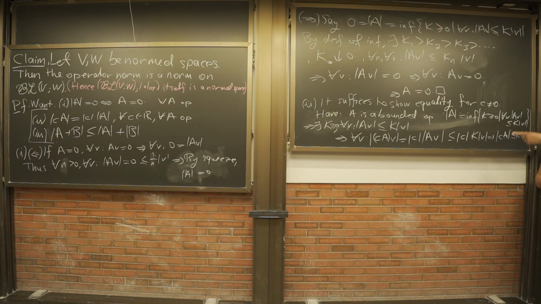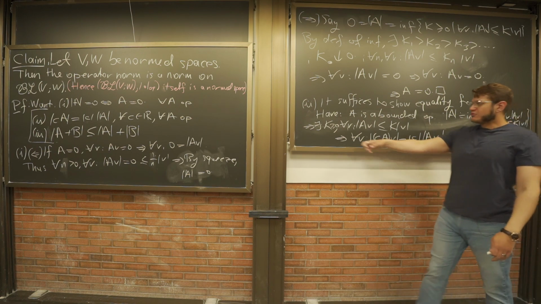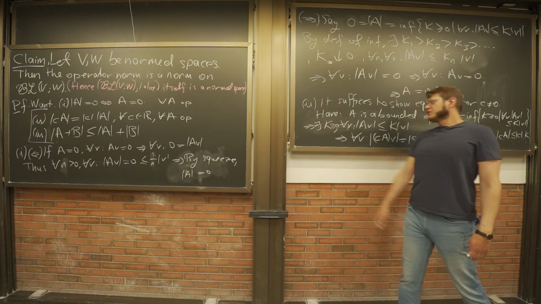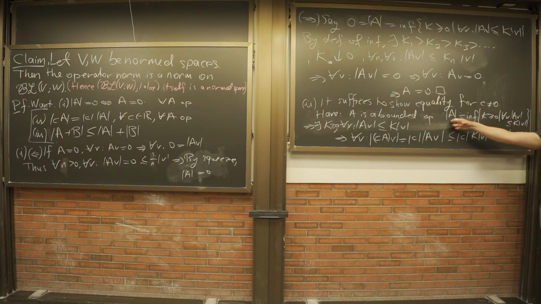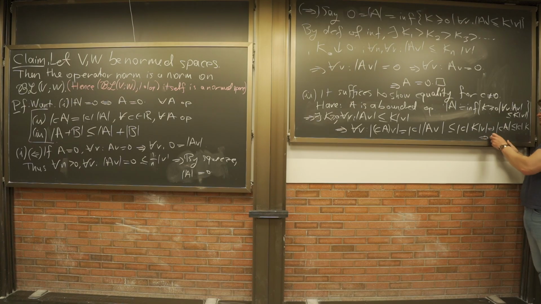But to get the operator norm itself, I need to take the optimal bound. That's why this is the case. But then if I were to optimize over k's, the optimum such k is going to be the operator norm of A, which means that this is going to give me this.